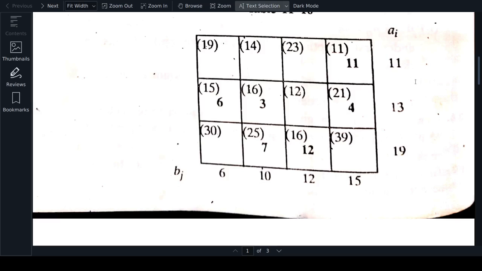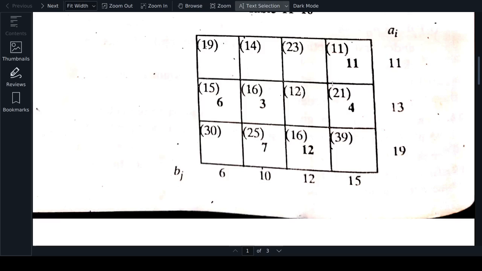Cell number 1,4. You see where allocations are present: cell number 1,4, 11 is given, allocation is 11. So cell number 1,4 is an occupied cell. Next cell number 2,1, allocation 6 is given, second row first column.